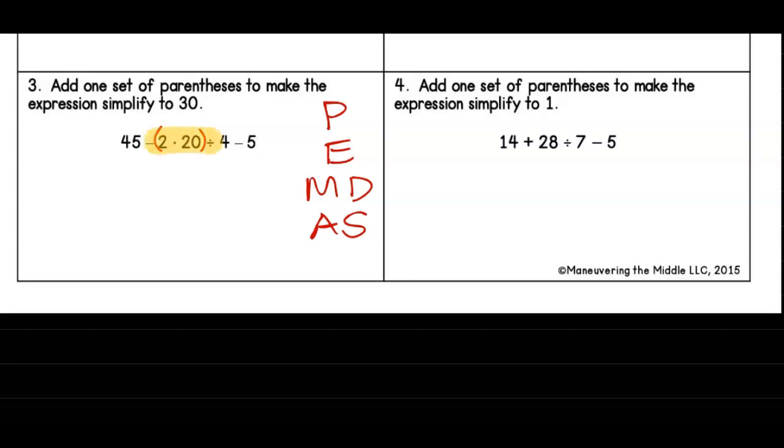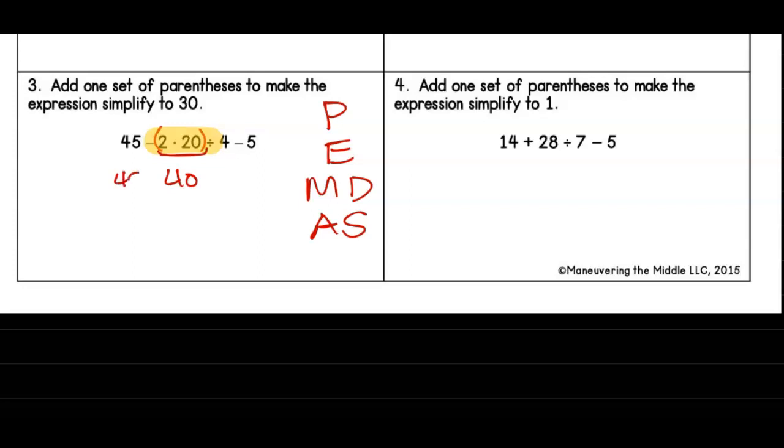So I'd have to solve 2 times 20. And what is 2 times 20? 2 groups of 20 is 40. So we're going to rewrite the whole expression from left to right in order, just substituting this value for what it's worth. And 2 times 20 is 40.